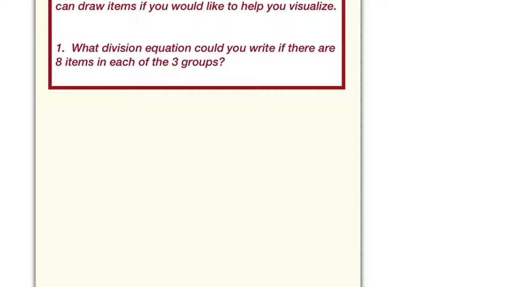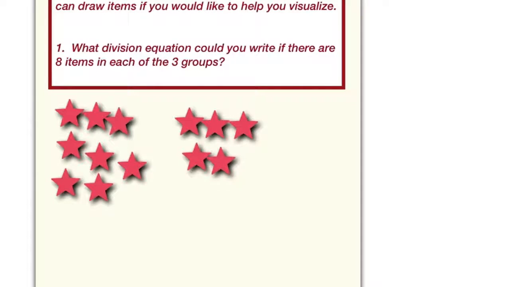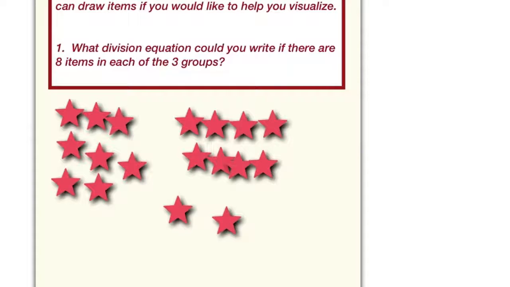So let's just say that if we had 8 items in each of 3 groups, let's do 1, 2, 3, 4, 5, 6, 7, 8, and 1, 2, 3, 4, 5, 6, 7, 8, and then 1, 2, 3, 4, 5, 6, 7, 8.